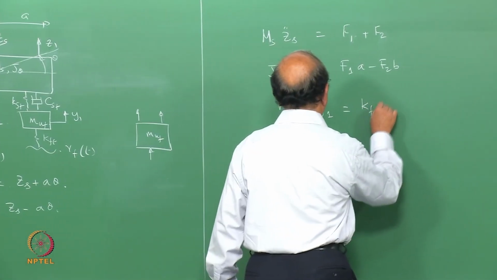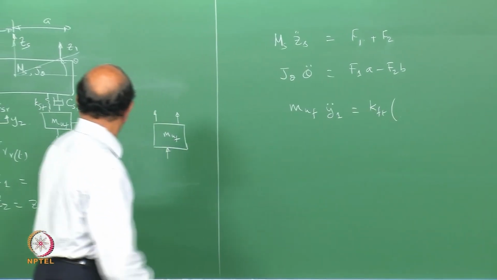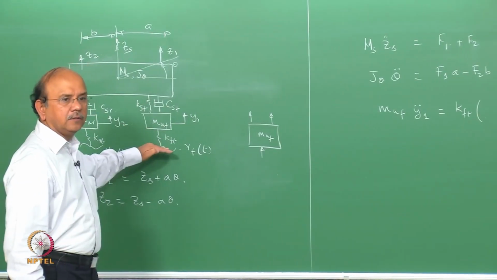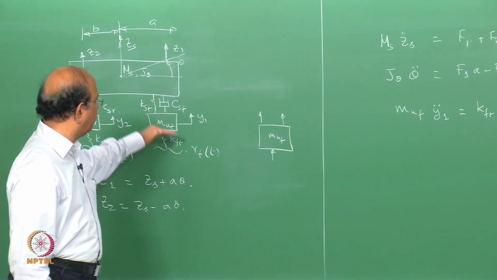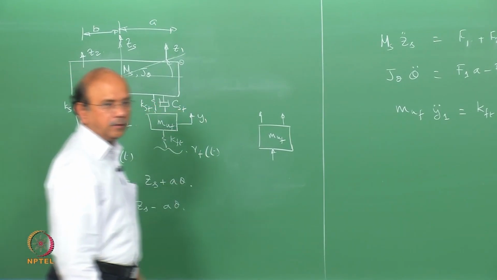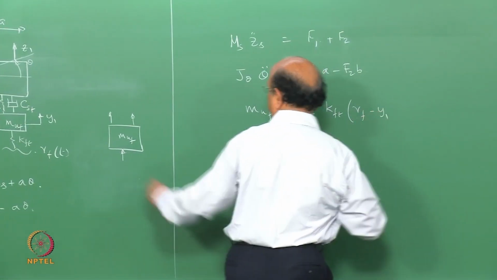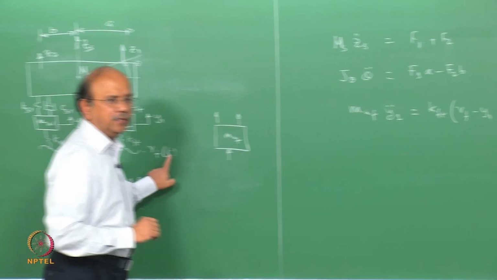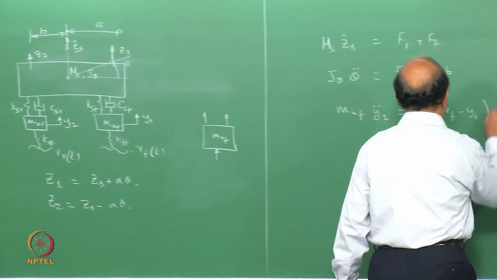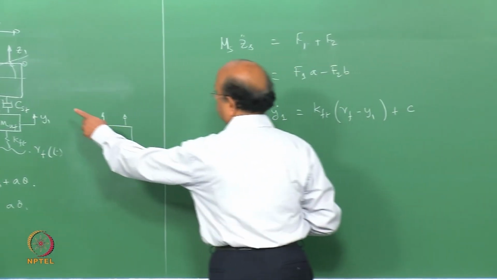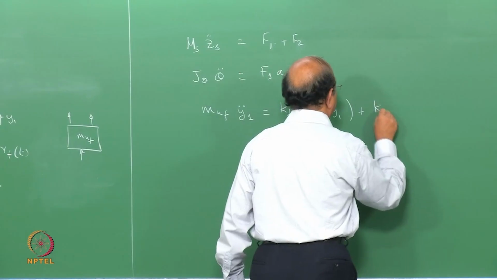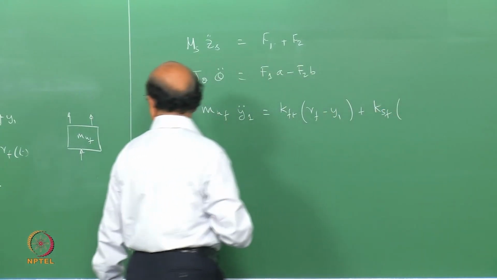K front tire multiplied by, now that's a spring, so all of them are RF minus Y1, all of them are function of time, so I'm just removing this T, plus K suspension in the front.